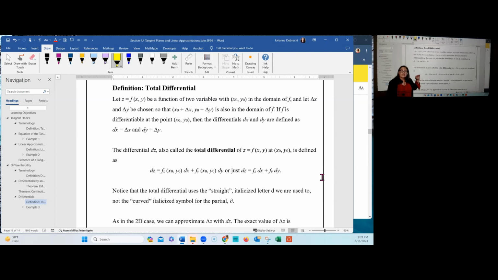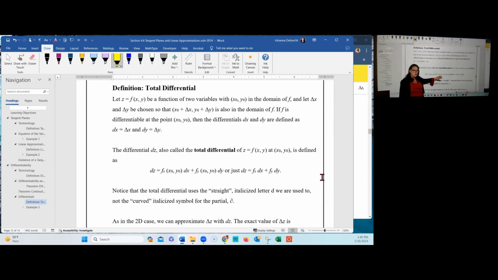Delta z is the actual change in the function values on the surface. And again, as the change in x and the change in y go to 0, dz approaches the value of delta z.